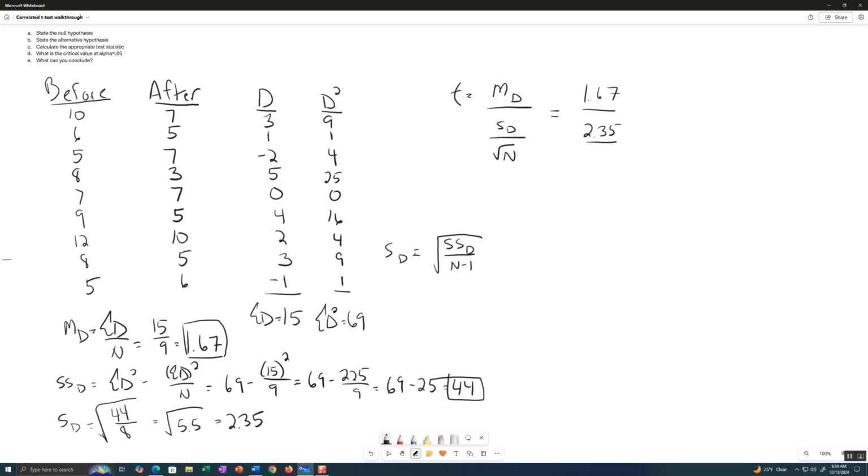But I need to divide by the square root of n to get the standard error, really, of D. So the standard deviation of the difference scores divided by the square root of n is the standard error of the difference scores. So it's 2.35 over the square root of 9, which we know is 3. This is 2.35 divided by 3. So let's do that calculation.